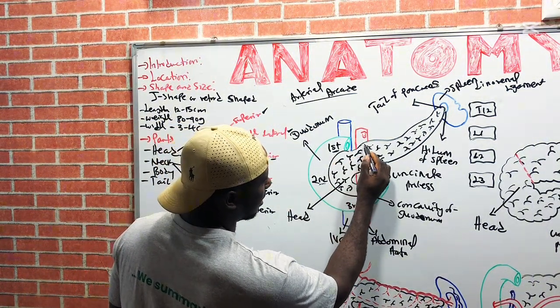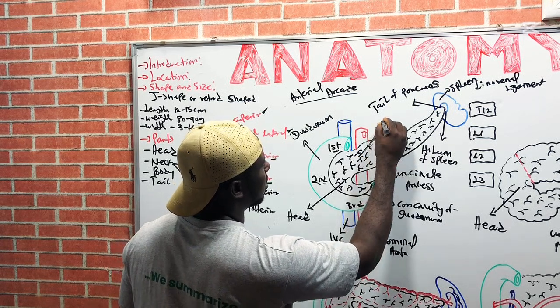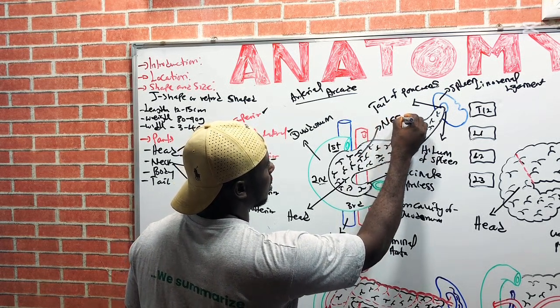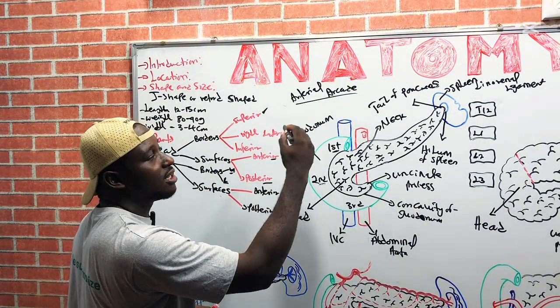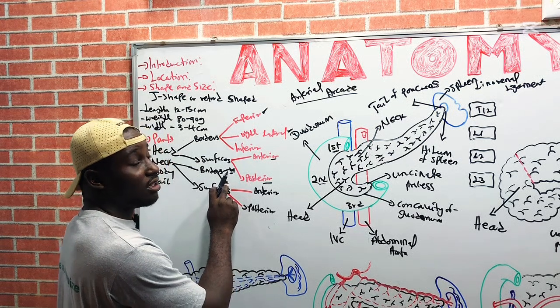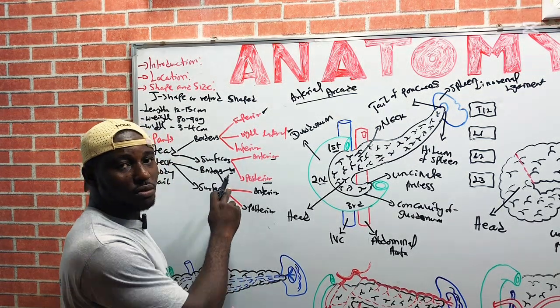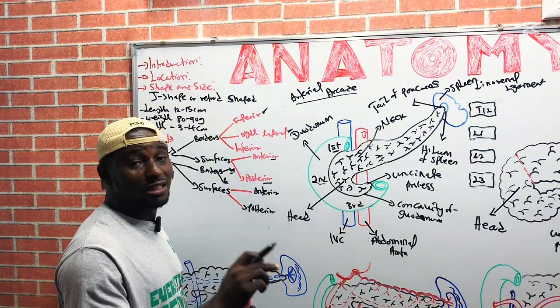This is the neck region of the pancreas. So the upper border, which is the superior border, is related to the first part of the duodenum, while the lower border is related to the root of the transverse mesocolon, right? To the root of the transverse mesocolon.